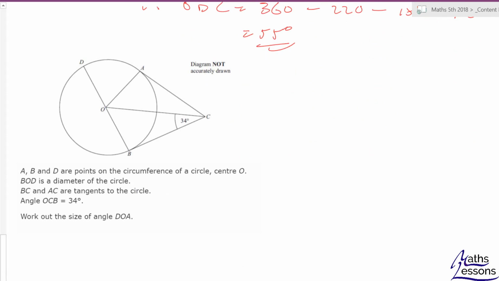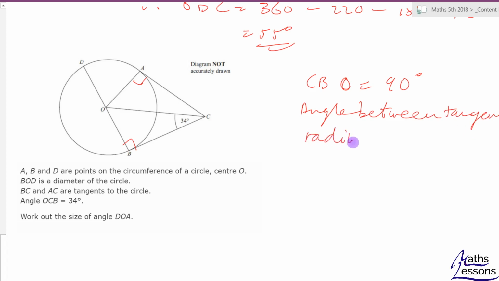Right, last question. So straight away I look at this and I draw in the right angles here and here. And if this is a right angle, therefore, let's just put in what we've got: CBO equals 90 degrees because angle between tangent and radius equals 90.